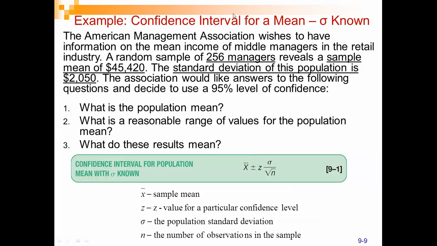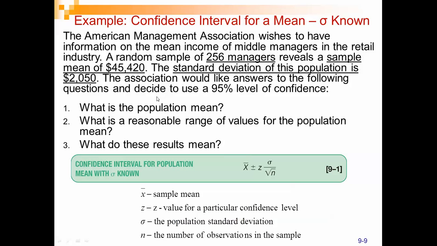This example is, again, a confidence interval for a mean when we know the population standard deviation. The American Management Association wishes to have information on the mean income of middle managers in the retail industry. A random sample of 256 managers reveals a sample mean of $45,420. The standard deviation of this population is $2,050.